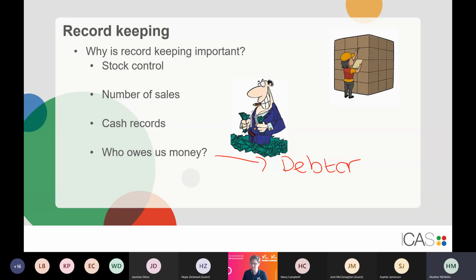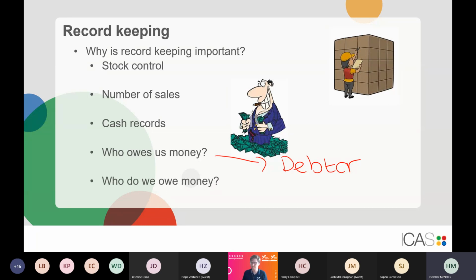So say, for example, I sell to you one of my hairbands and I say, oh, it's okay, you don't have to pay me today, you can pay me next week. But if I'm preparing my financial statements today, I've had that sale because I've given it to you and you've promised to pay me, but you haven't paid me yet. So that would be a debtor. You would be in debt to me. So that's a debtor. So we want to know about that.